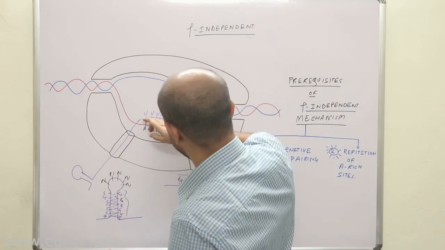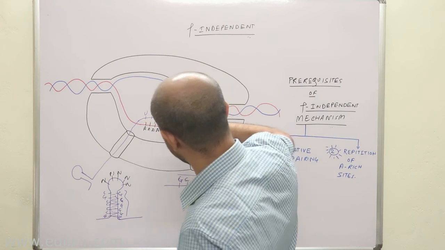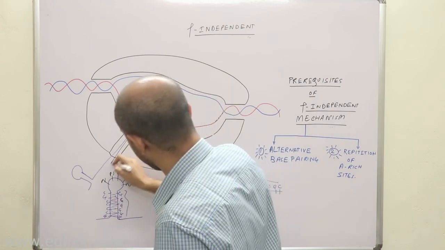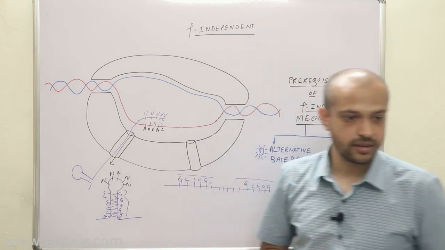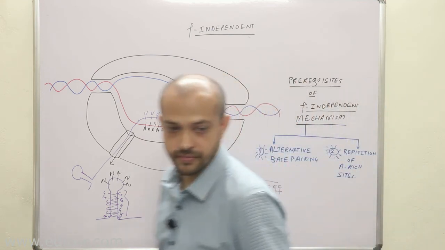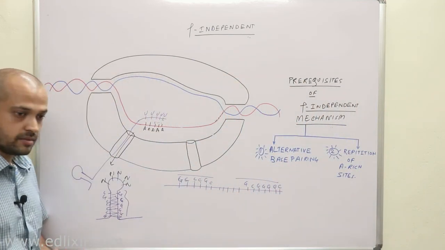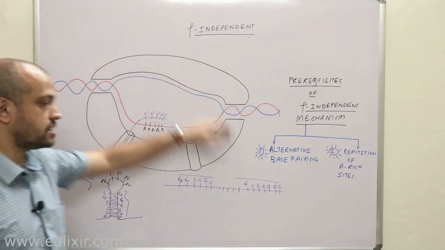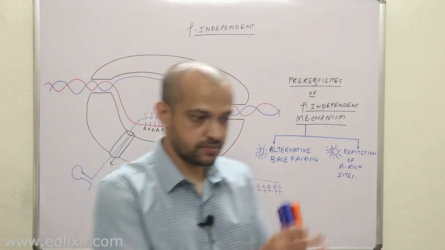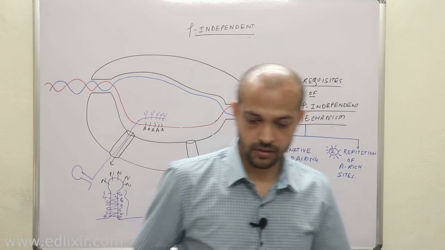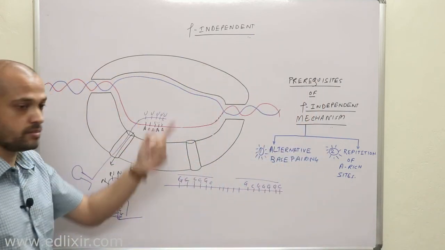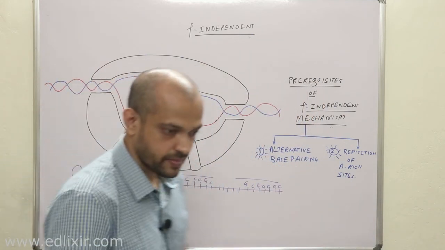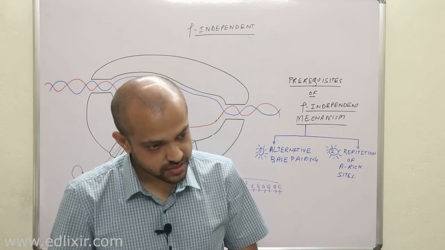This hydrogen bond will break off, and this will all fall off from this RNA exit channel. Clear? And therefore termination occurs. Then this RNA polymerase will dismantle, and the DNA will again bind and form the double helix again. Clear? So this is the Rho-independent mechanism.